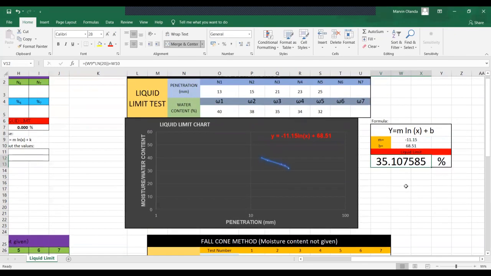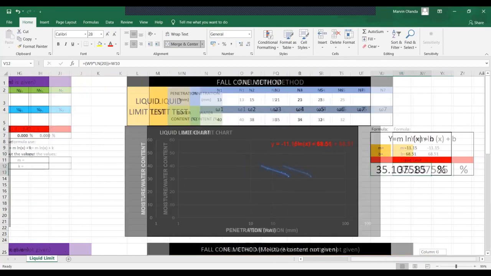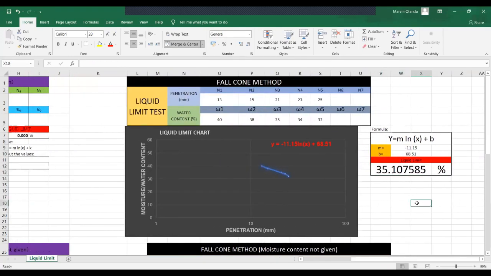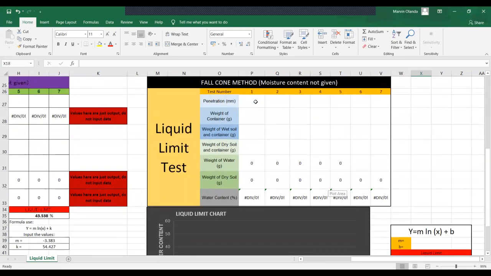Our program solves not only problems where water content is given, but also where water content is not given. Assuming here we have 18 penetration, 23, 25, 27, and 30.